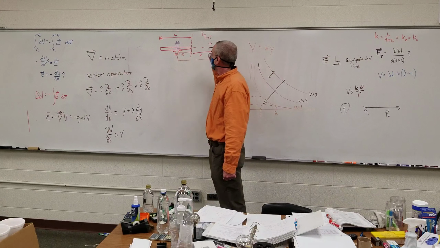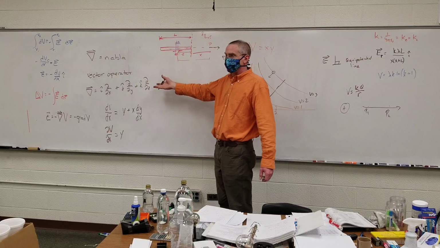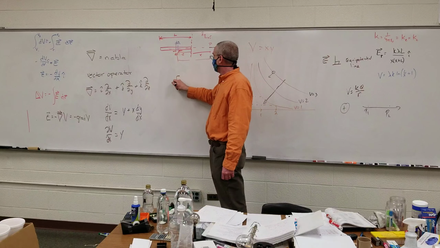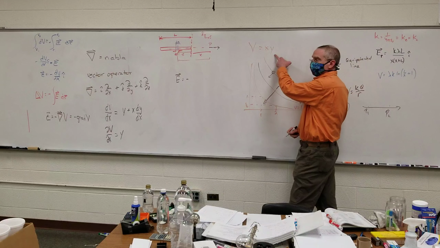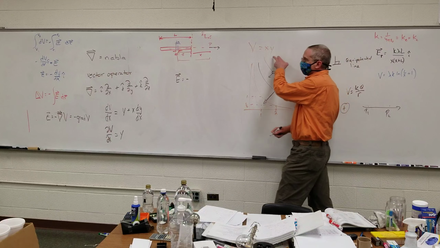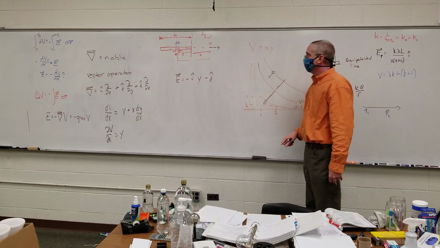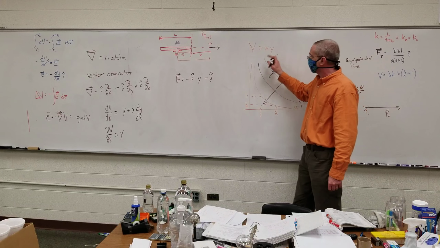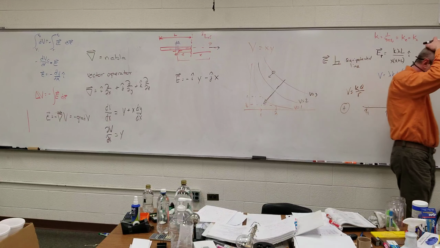So what we would do in this particular case is, I have only x and y, there's no z part to it. And so my electric field would be the negative of, we take the negative i hat times the partial with respect to x, minus j hat times the derivative with respect to y. And that's my electric field. Let's see if this makes any sense whatsoever.